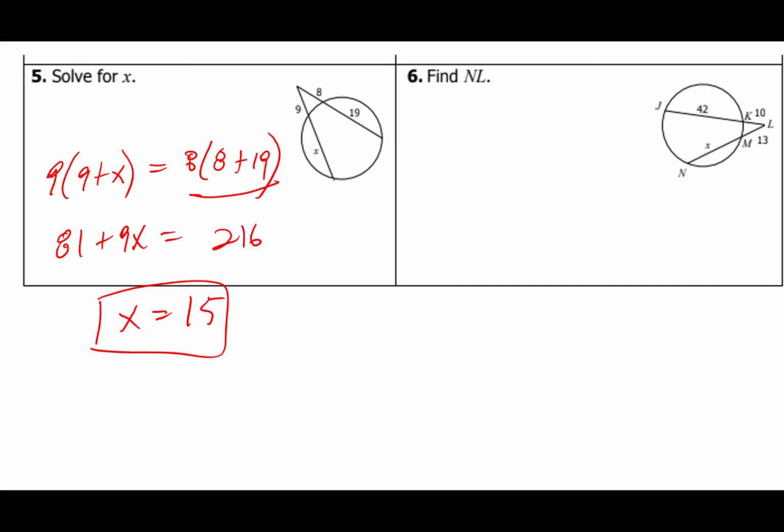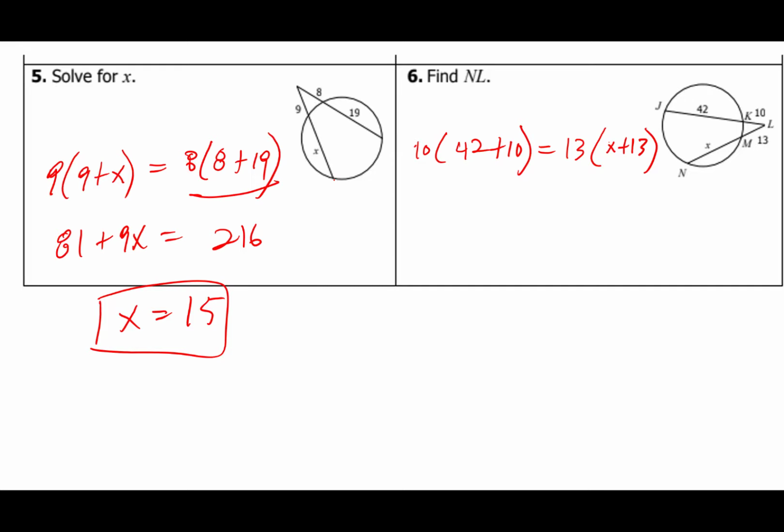All right, now let's look at NL. We're not required to find x, but NL, so let's slow it down for this one. So the first thing here is we're going to have the outer. Let's start with this one. That's going to be 10 times 42 plus 10 equal to the outer, which is going to be 13, and then it's going to be the sum of the outer and the inner.